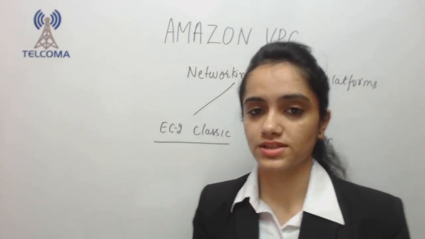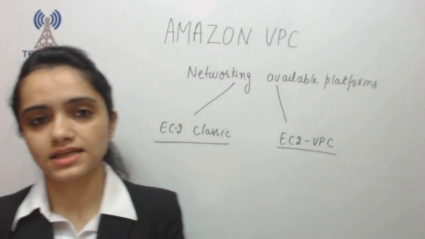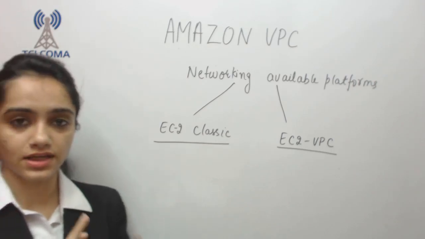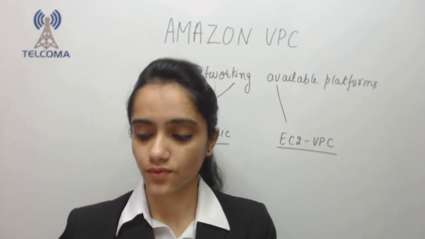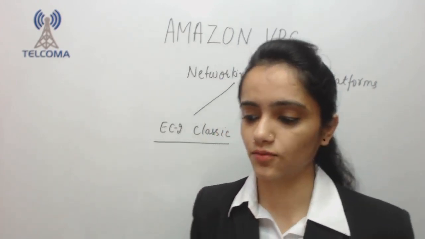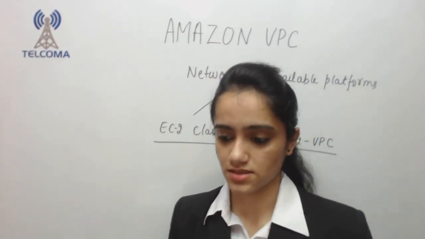Amazon EC2 originally launched with a single flat network shared with other AWS customers, called EC2-Classic, because it was launched as a single, flat network shared with other AWS customers.